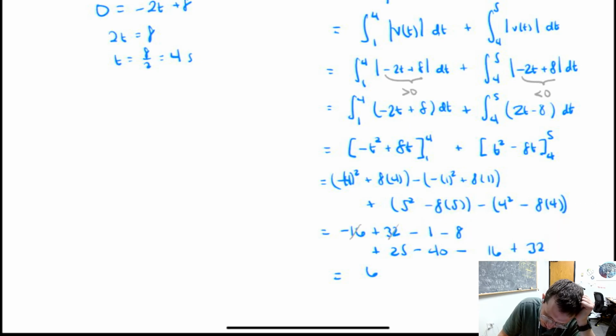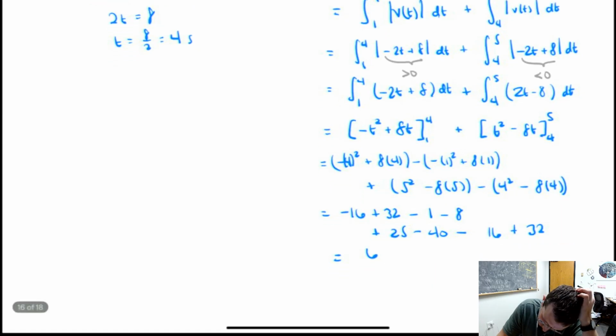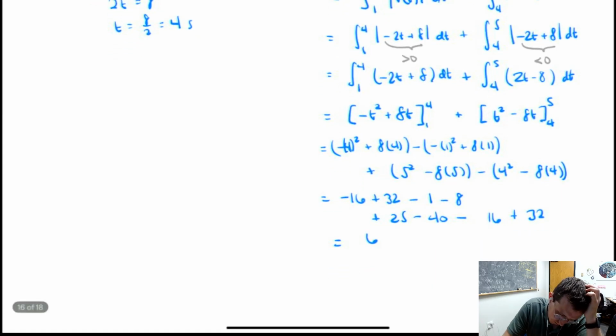Now the things don't cancel out, which is a bummer, but that is what I expected. Okay, so 16, and then minus 1 minus 8 is minus 9. 25 minus 40 is minus 15.